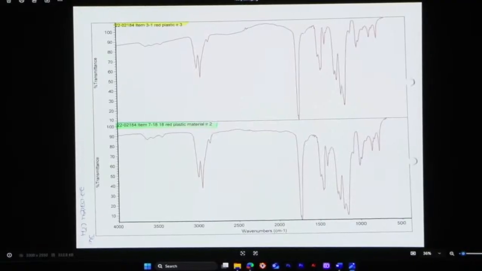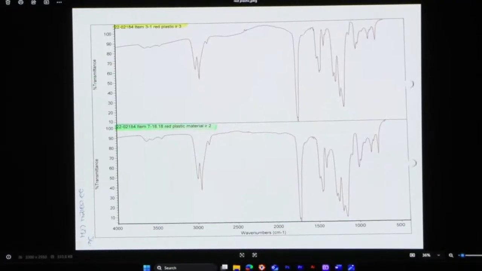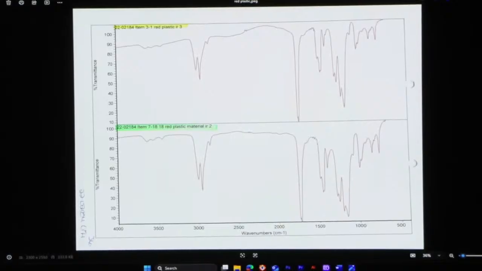Accordingly, the red plastic from 7-18.18 could have originated from the red plastic from item 3-1 or from another source with the same characteristics.